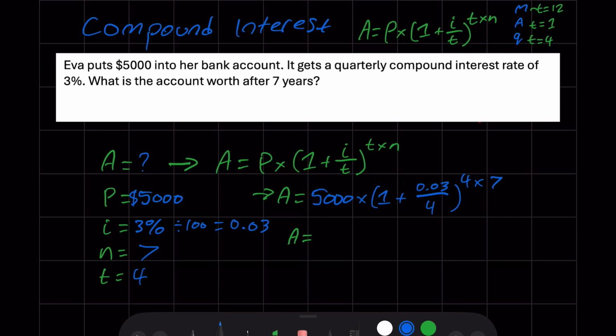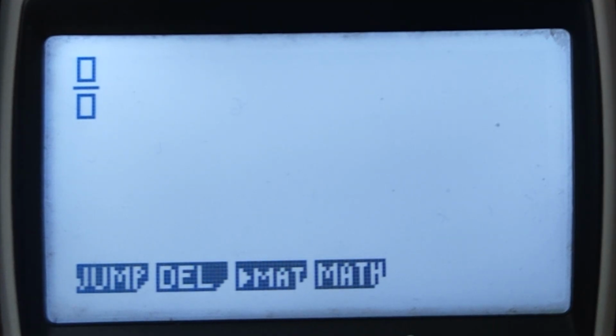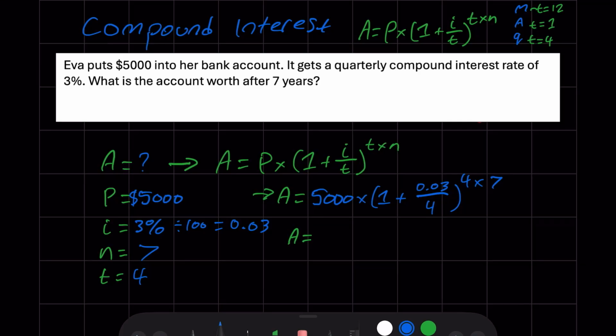you to do a fraction like that. If you look on my calculator, your calculator should allow you to write a fraction like that. If your calculator allows you to do this, then that makes this easier. I will show you afterwards what to do if you do not have a calculator that allows you to do a fraction like that.